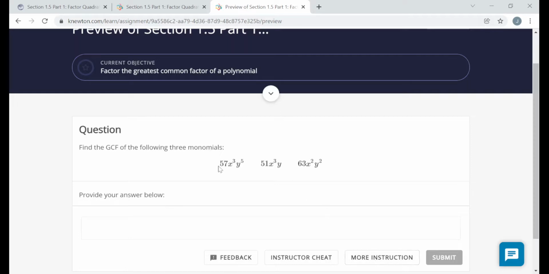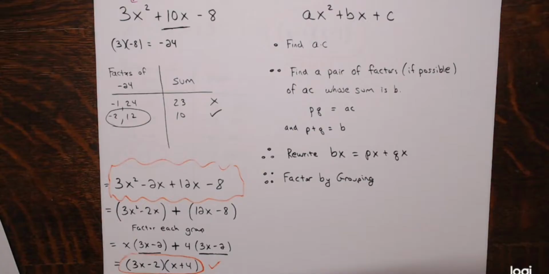Okay, so the terms we're given are 57x cubed y to the 5th, 51x cubed y, and 63x squared y squared. I'll write these out on paper.